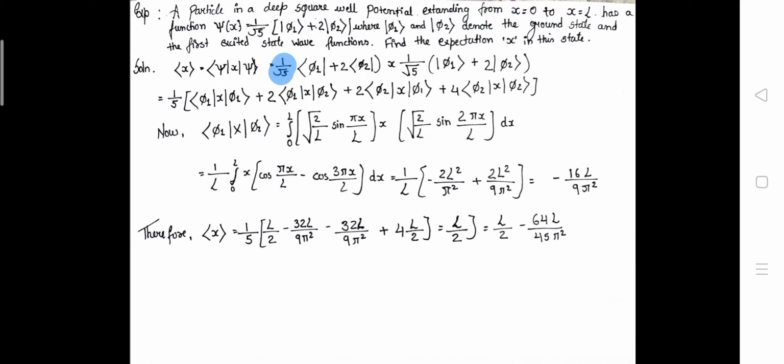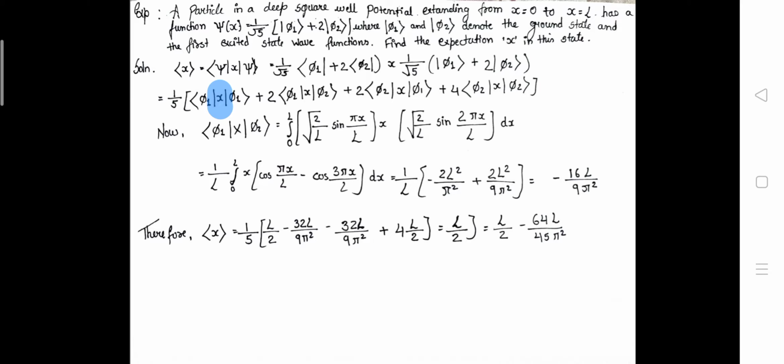Okay, now let's multiply these two constants first, so we will get 1 upon 5, and we will get the bracket of phi 1 and phi 2 between x, plus bracket of phi 1 phi 2 between x, plus bracket 2 bracket phi 2 x phi 1 plus 4 bracket phi 2 x phi 2.